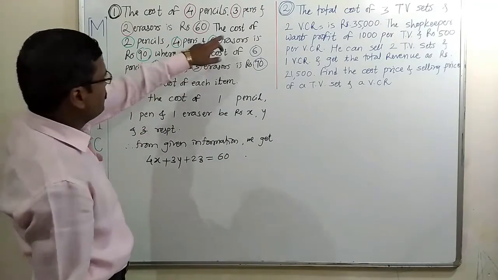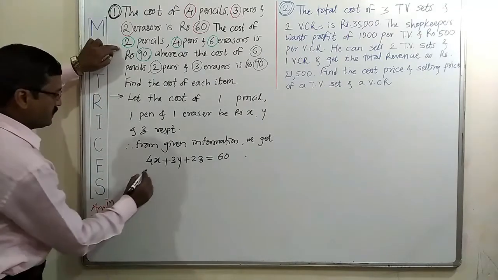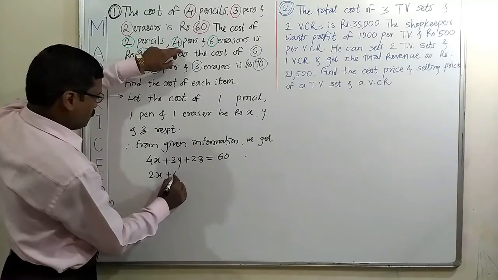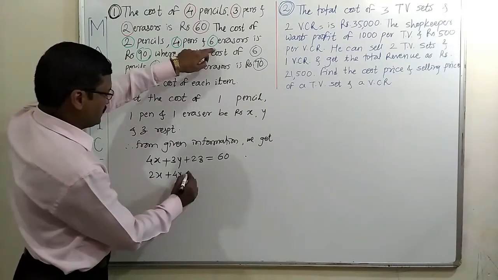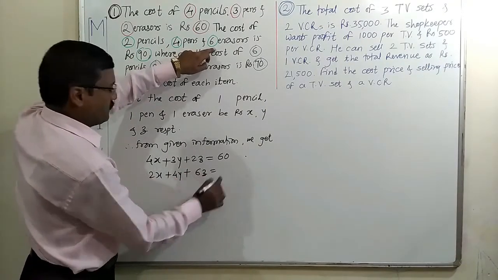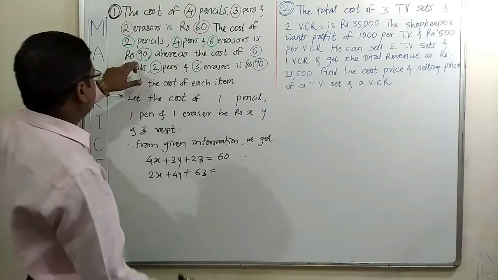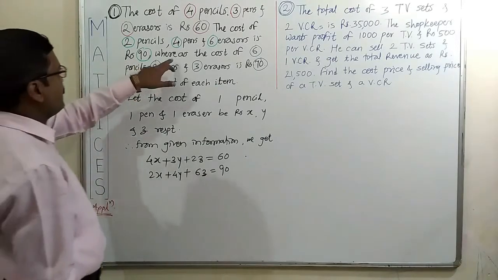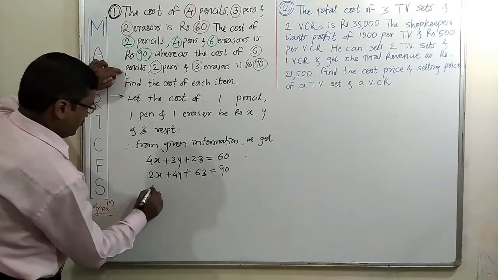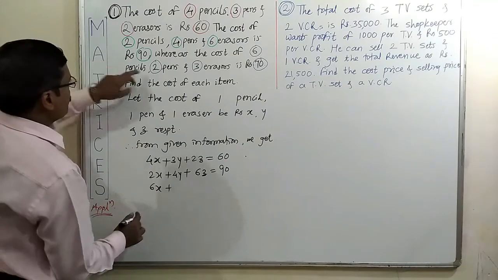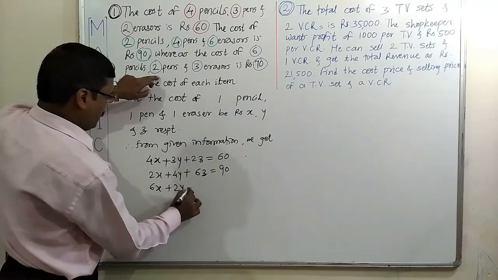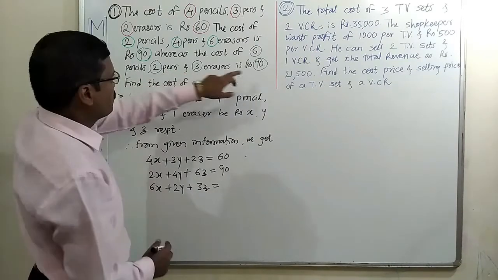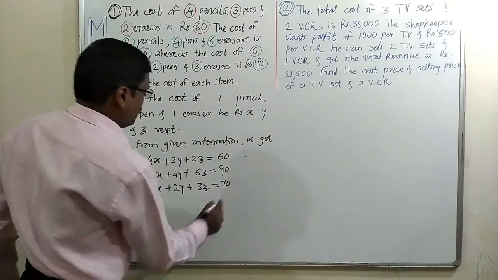Similarly, from given second information, the cost of 2 pencils will be 2x, cost of 4 pens will be 4y, and cost of 6 erasers will be 6z, and that cost is given 90. Similarly, the cost of 6 pencils will be 6x, cost of 2 pens will be 2y, and cost of 3 erasers will be 3z, and the total cost is given rupees 70.